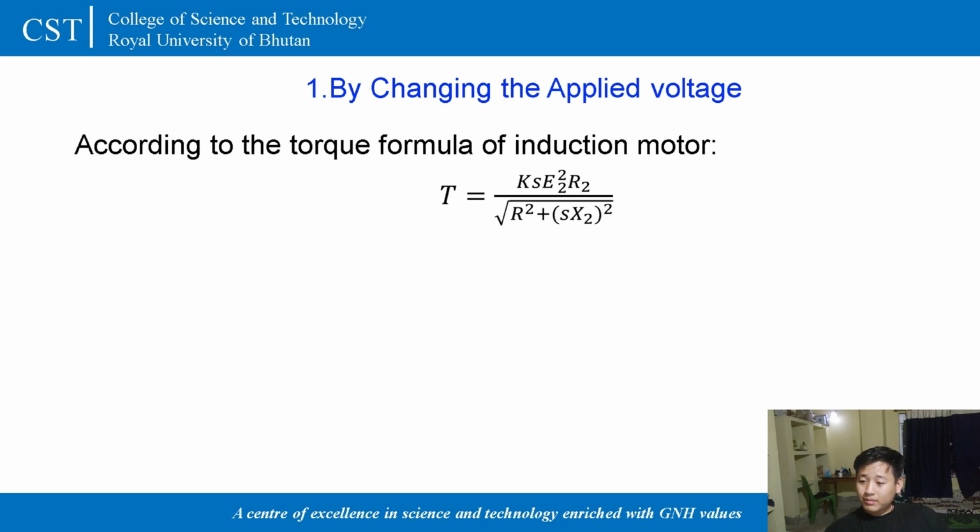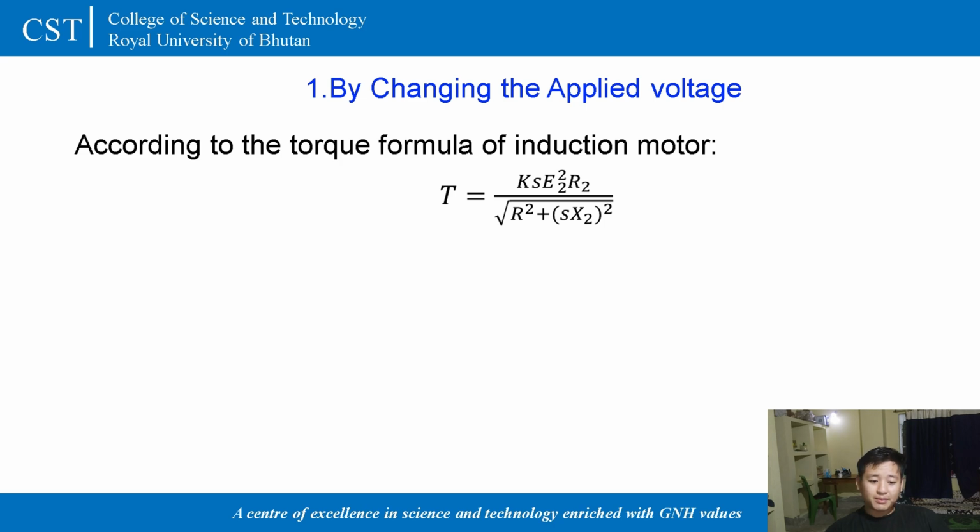So by looking at this formula, we can see that torque is related to s E2². E2 is basically the induced EMF in the rotor, where E2 is directly proportional to the applied voltage.